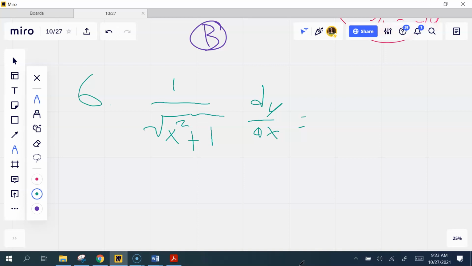The square root will be to the 1/2 of this, so like 1 over something to the 1/2. That's not a 3, that's a 2. Then we're going to move this to the top, so all you have to do is make that negative and put it at the top.